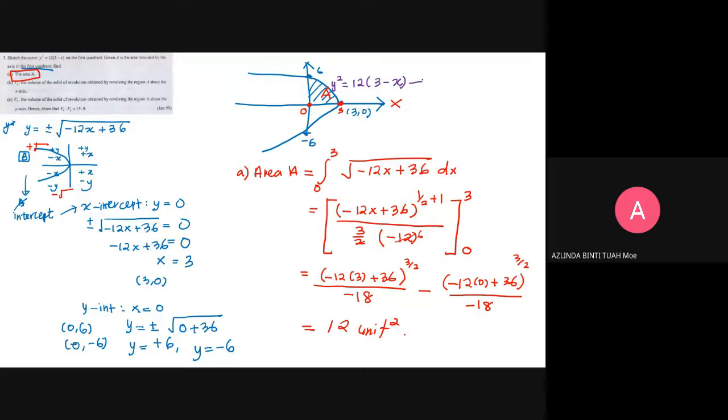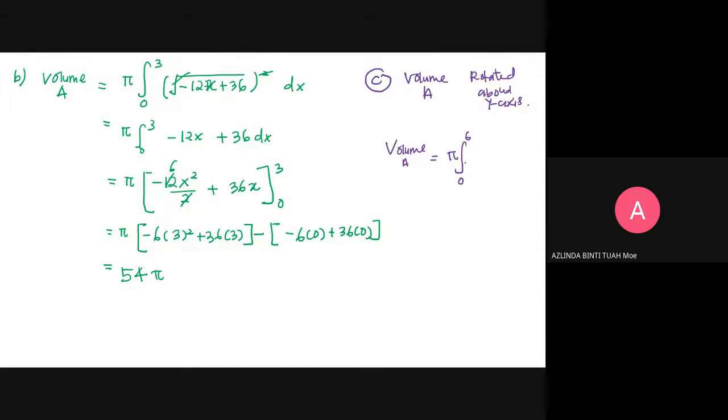So x equals 3 minus y squared divided by 12. X moves over. If you cannot move it all at once, you have to do it step by step to get it in terms of y. So it is 3 minus y squared over 12.